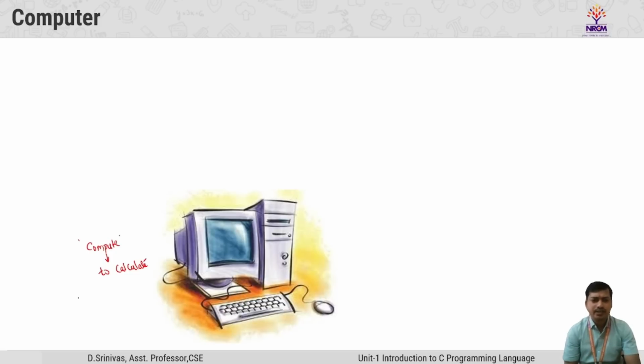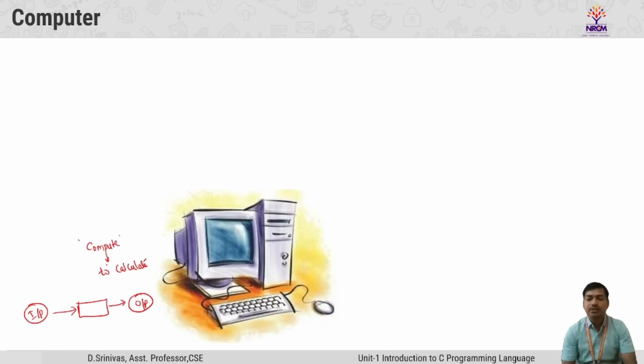Simply, you need to understand that a computer is an electronic device, which means a device which works on power. It takes something as an input and processes it into the desirable output. So this is called a computer.